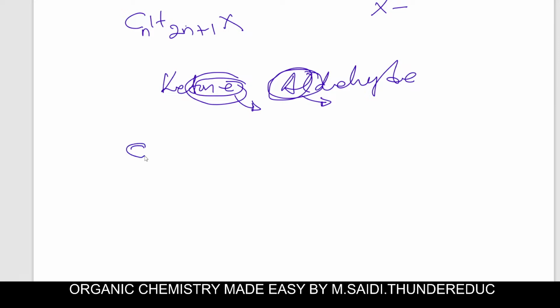For example, 1, 2, 3, 4. CH, that is the functional group. If I add a hydrogen here, it means that it is an aldehyde. When I add another carbon on this side, it is a ketone.